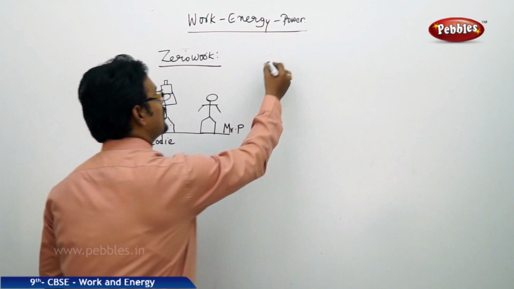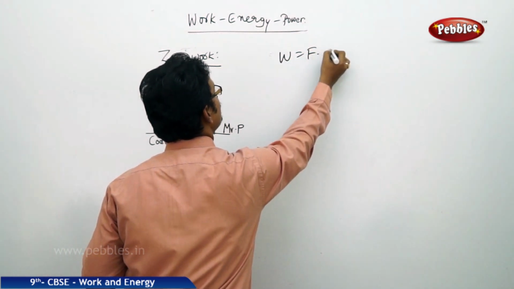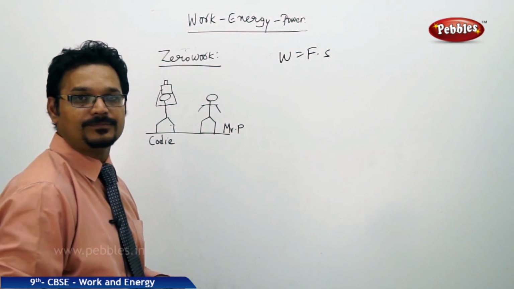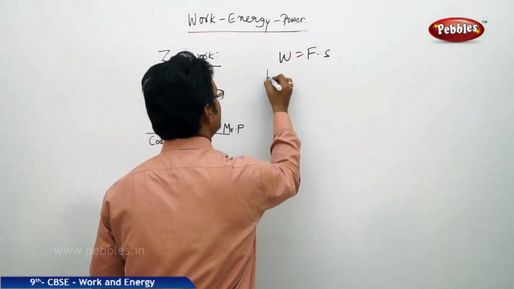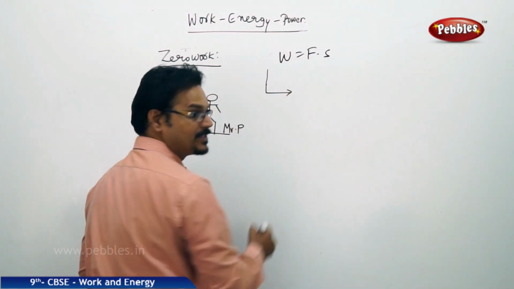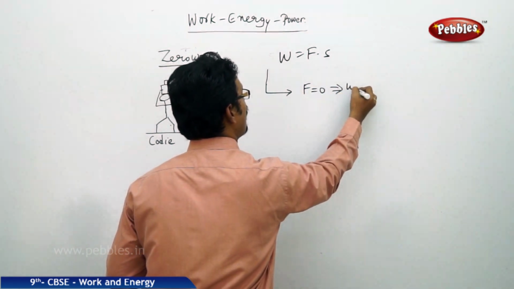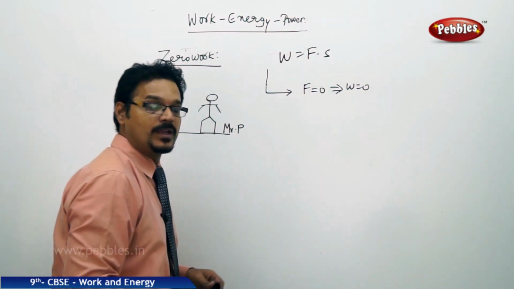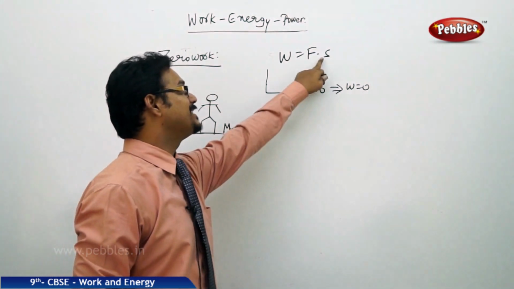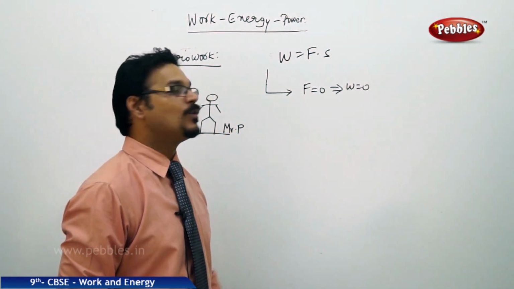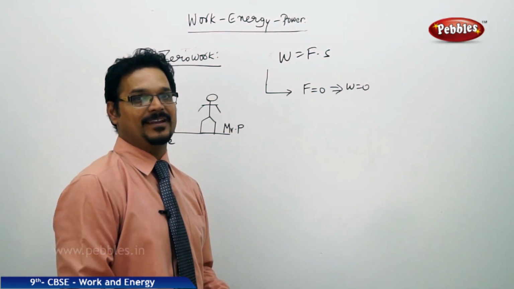As we know, work W equals force into displacement. Work can be zero in three cases. One, F equal to 0 implies work can be 0. F equal to 0 doesn't mean that S is 0. S is not 0, only force is 0, but S is there.